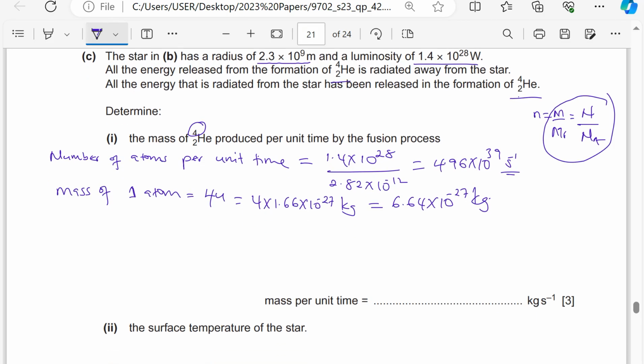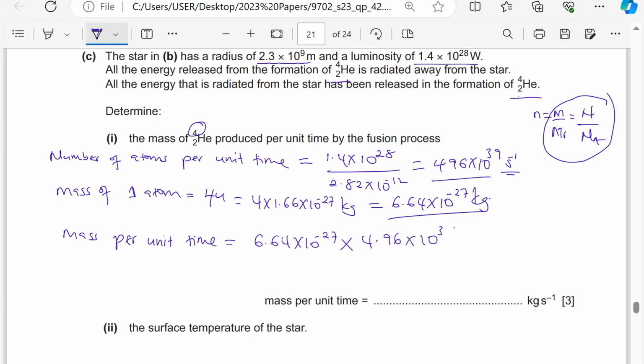So determine the mass of helium produced per unit time. We now know the number of atoms produced per second, and the mass of each helium. So mass per unit time is simply 6.64 times 10 to the power of minus 27 multiplied by 4.96 times 10 to the power of 39.